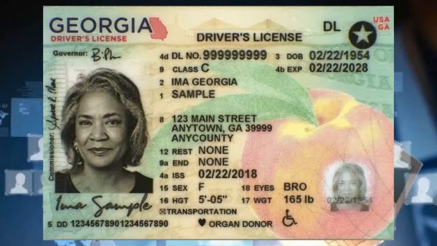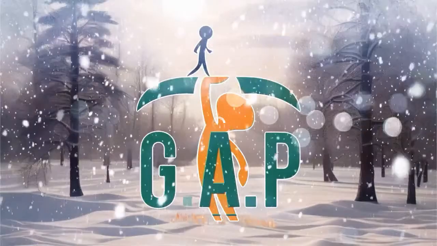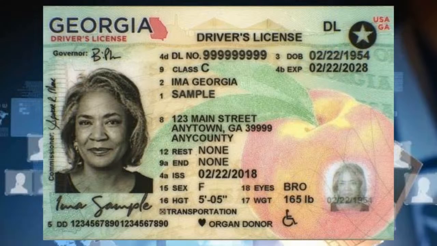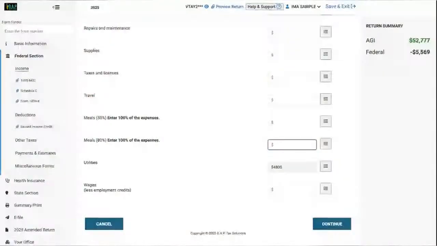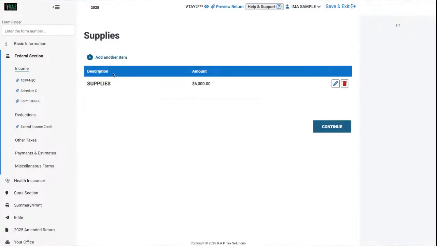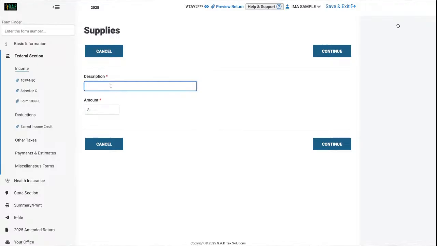In addition to this, we also had printer, supplies, and other things of that sort. So check this out. I'm going to go back to the sheet. And instead of putting these separately in other expenses, I'm now going to go to supplies. And even though one of them was called supplies at random, I'm going to go ahead and put that down here. And it did say $6,000 in supplies. But it also said printer, which is a supply as well.